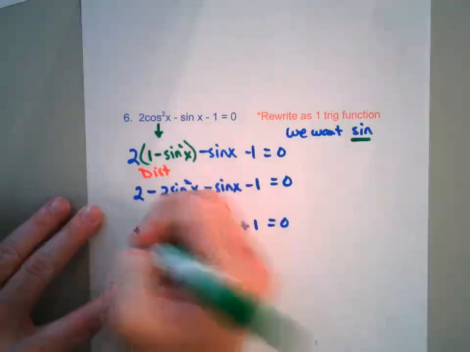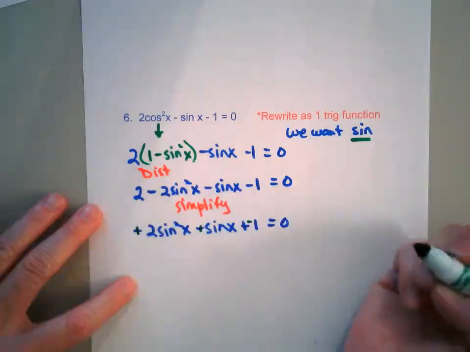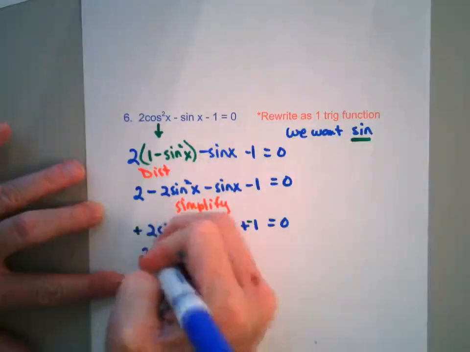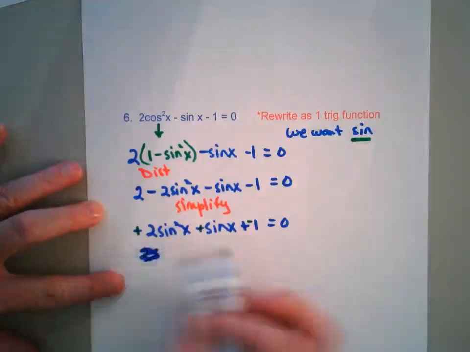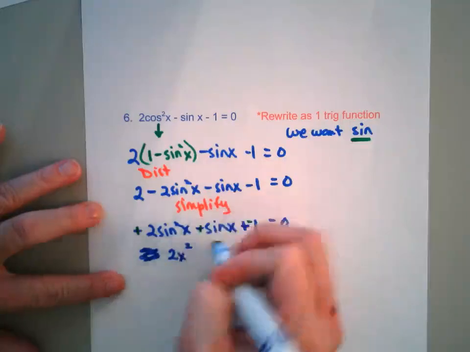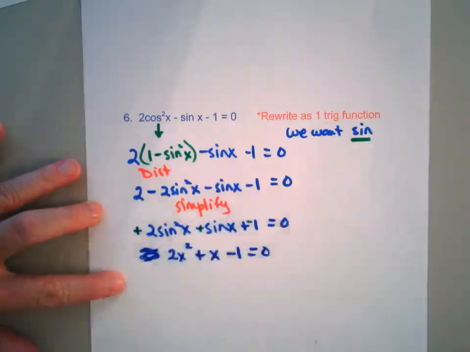So it's going to become positive, positive, negative, and 0 doesn't have a sign, so I don't have to change that one. So I'll rewrite that, and we're now going to rewrite it without sine. So it's going to be 2x squared plus x minus 1 equals 0.